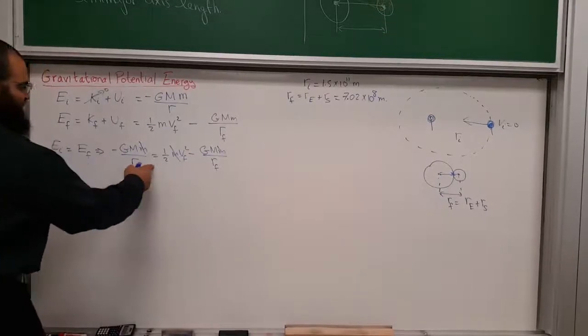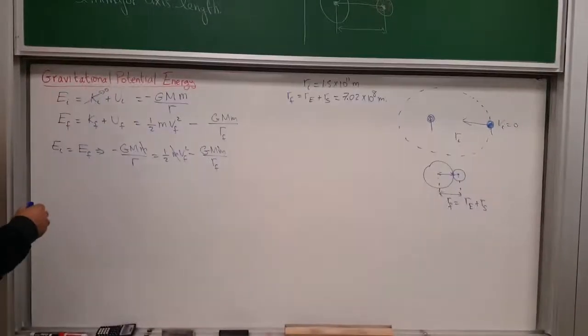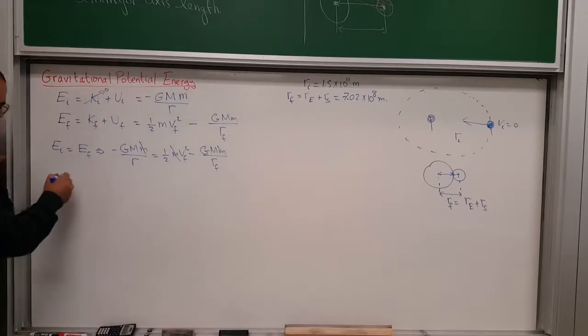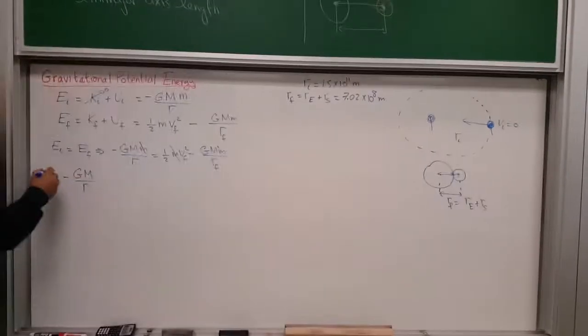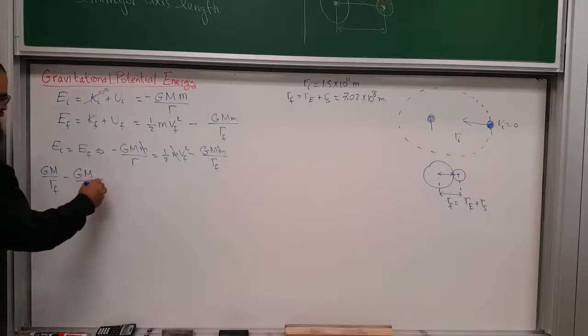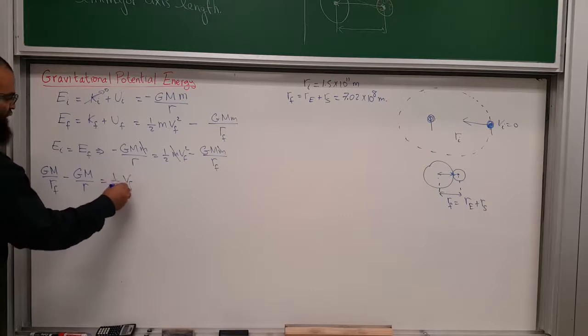So I'm going to move this one here and get negative G capital M over R initial. When you move this one here, it becomes positive, capital G capital M divided by R final, equals 1/2 of V final squared.